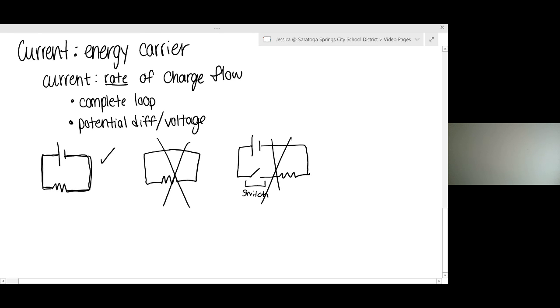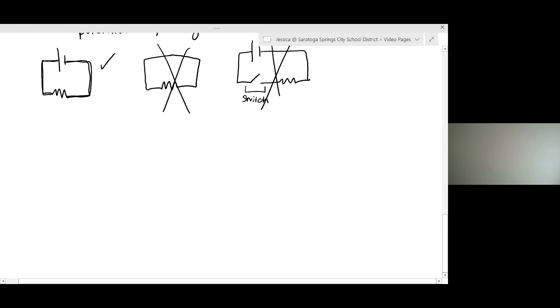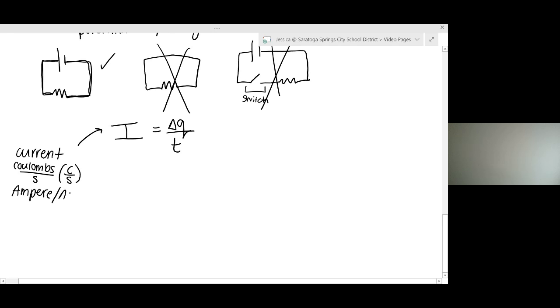Okay. So, how do we calculate current? Well, current is represented with the letter I, and we calculate it by doing delta Q over t. So like I said, I is current, and we can measure current in coulombs per second, so C over s, or in ampere or amps, which is the letter A. Ampere and amps are the same thing.